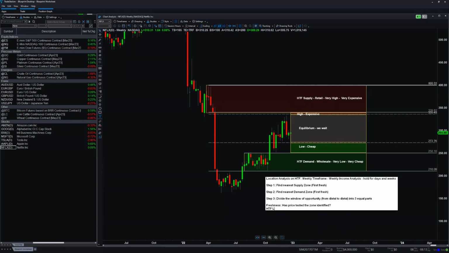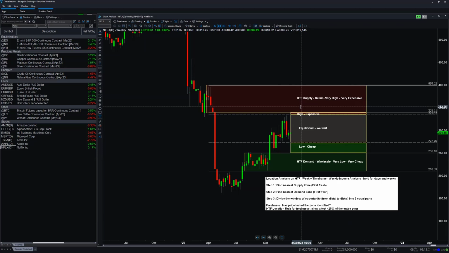The higher time frame location rule for freshness is going to be we will allow a test of smaller than 25% of the entire zone, which means that if price goes into the zone and it tests it by more than 25%, so a quarter of the zone, you can eyeball that.